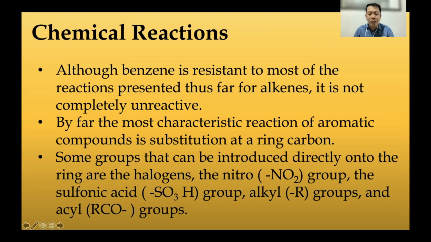So the reaction that we can look into here is substitution. Some groups that can be introduced directly on the ring are the halogens, bromine, chlorine, iodine; nitro, NO2; sulfonic acid, SO3H; alkyl group, it could be methyl or other numbers of carbons; and acyl, or RCO group.